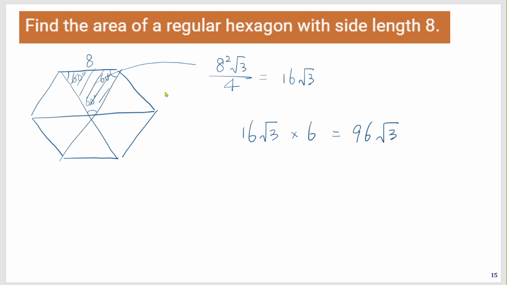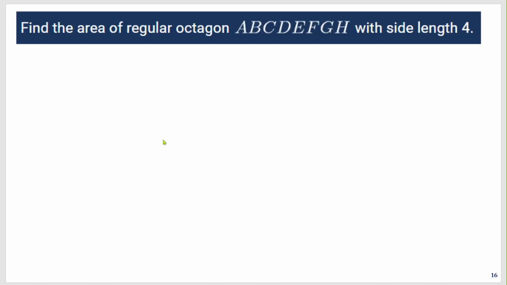All right, then let's see another one. Okay, can you find the area of regular octagon ABCDEFGH with side length 4?